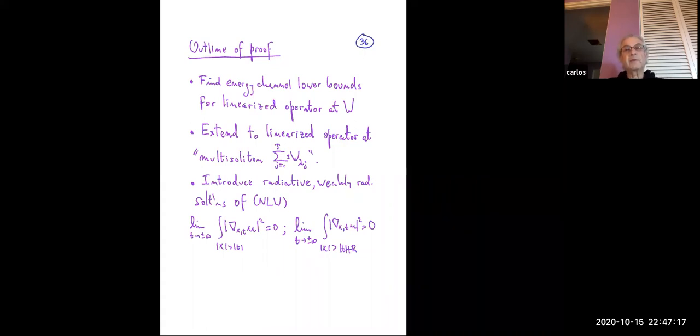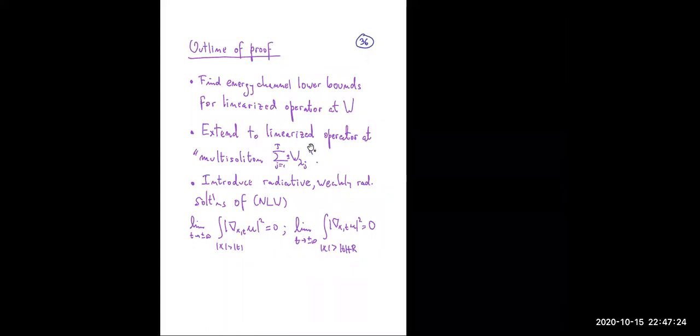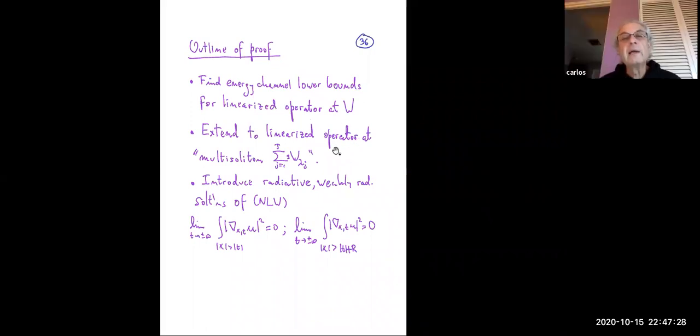The next step extends this channel of energy lower bounds from this linearized operator to the linearized operator around a multi-soliton, where the lambda j's are all very far apart from each other.